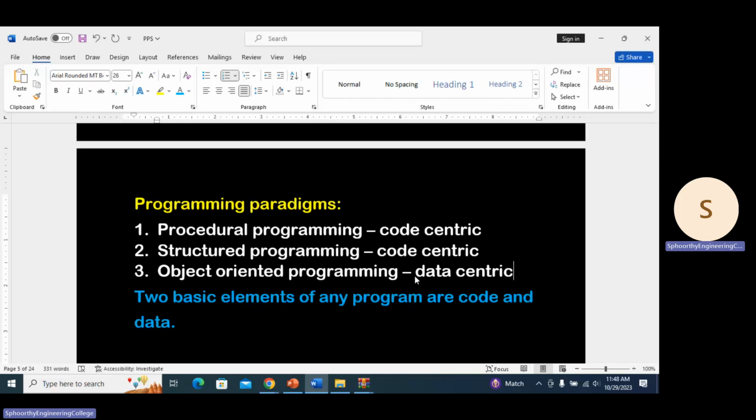Because of this, programming languages evolved and came into the picture. But when they came, they came under different themes or paradigms, which we call procedural programming, structured programming, object oriented programming, etc. So this is the need for programming and how programming languages evolved. Which category C comes under, and what the three fundamental programming paradigms are, all these were discussed in this video lecture.